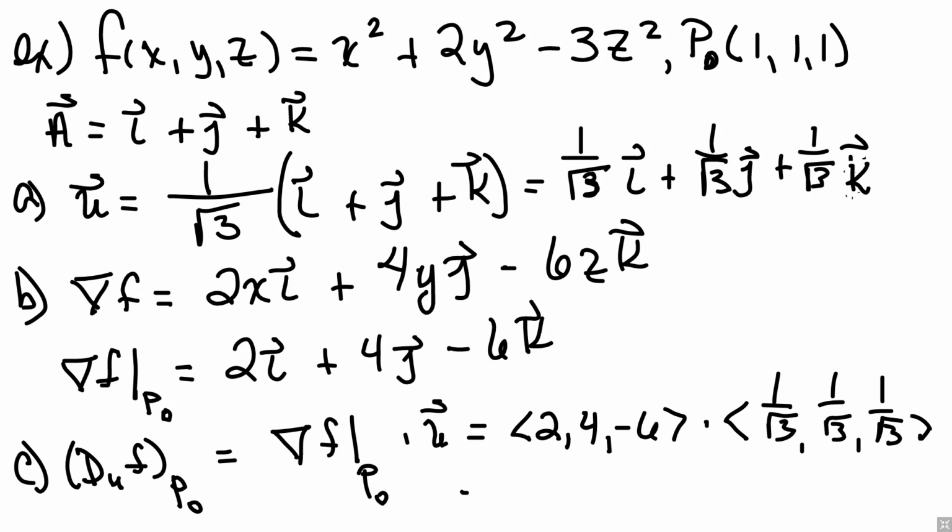So if we do this, we're going to have 2 over the square root of 3 plus 4 over square root of 3 minus 6 over the square root of 3. And that's going to give us a value of what? This is the value of 0. And there's our answer. Any questions?